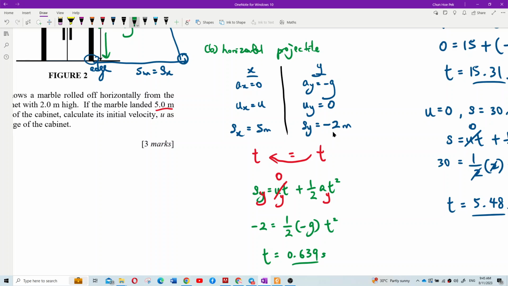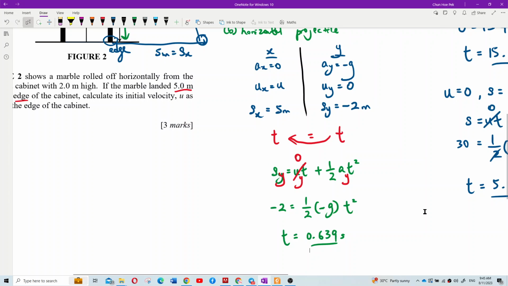Okay, once I got the time, I can find Sx. So use formula S equal to ut plus half a t squared, but this time all x component. They are the same time, so the time from this one can be used for x component already. So this is 5 meter.